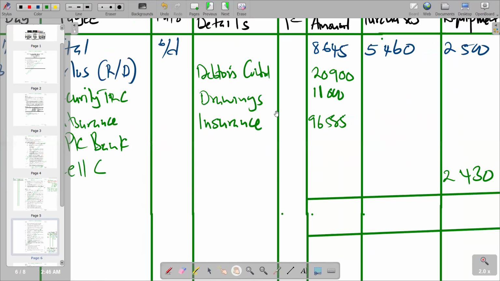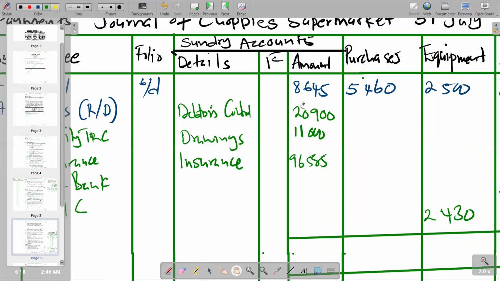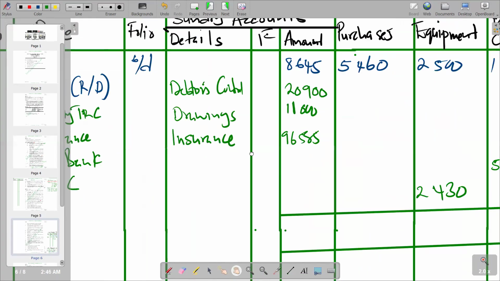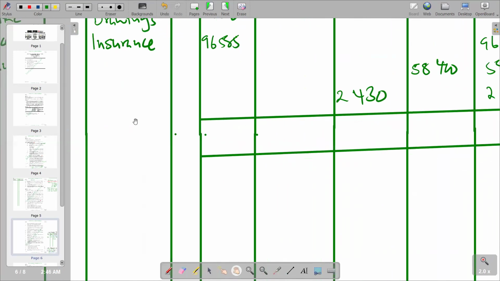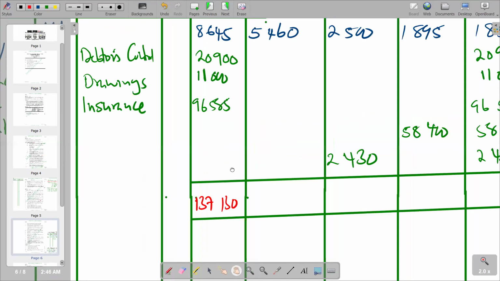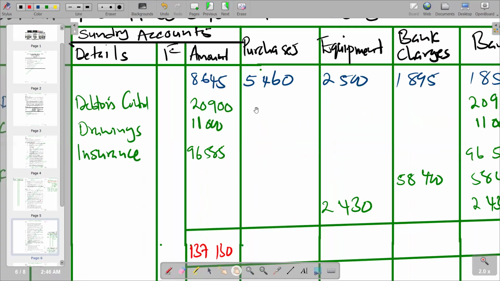We can start with the sundry, whereby we are adding 8,465 plus 12,900 plus 11,000 plus 96,585, and the total that we are supposed to get there is going to be 137,130. The next column, we have our purchases.